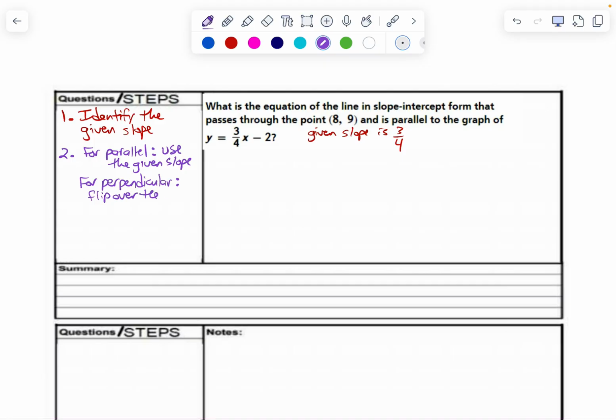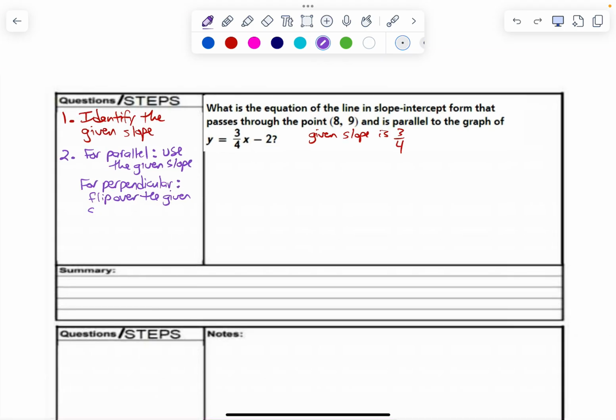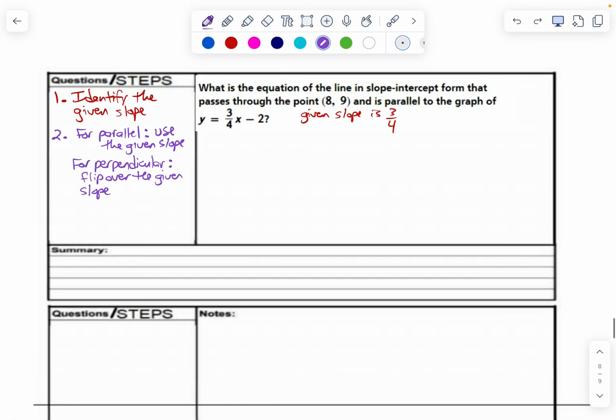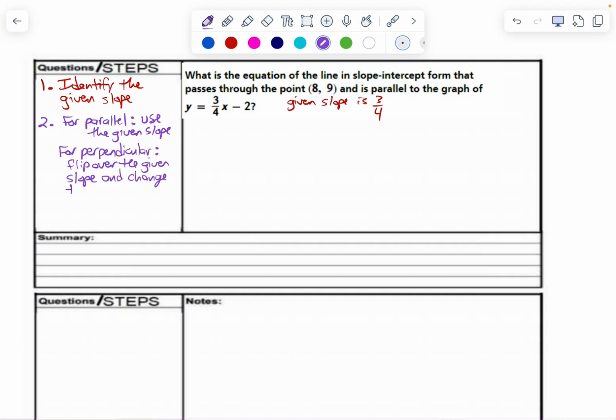Flip over the given slope and what else? And change the sign. Okay, so this is parallel, so we'll just use the given slope.